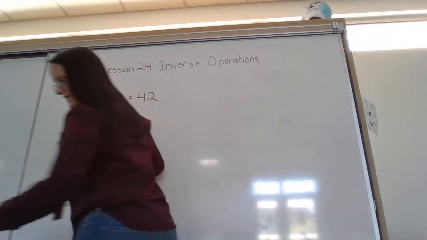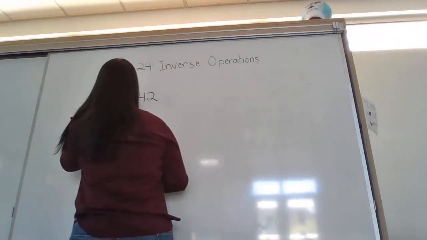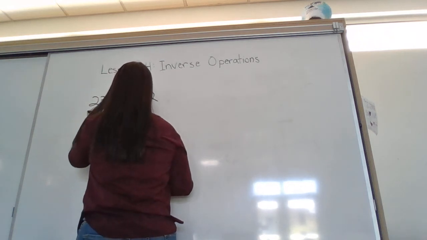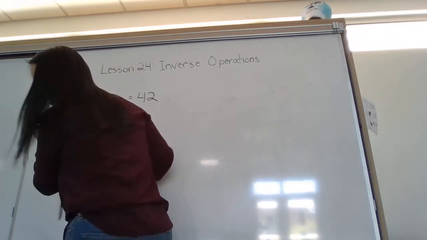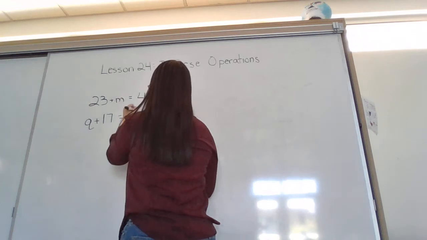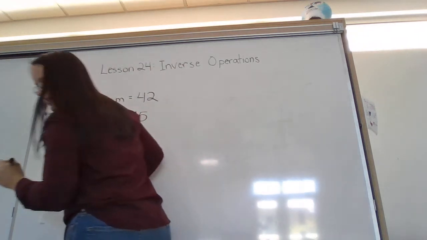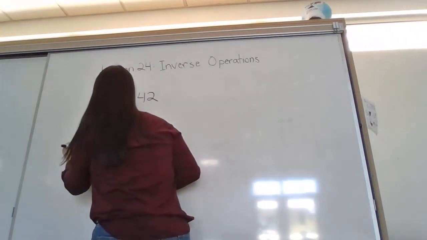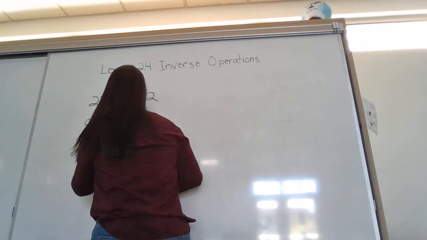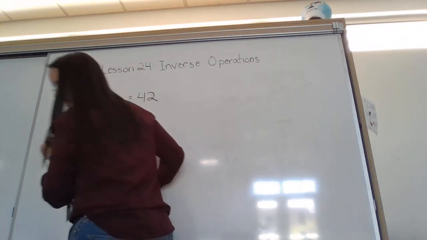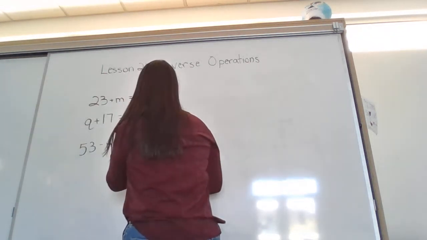The next one is Q plus 17 equals 45. The next one is 53 minus W equals 28.